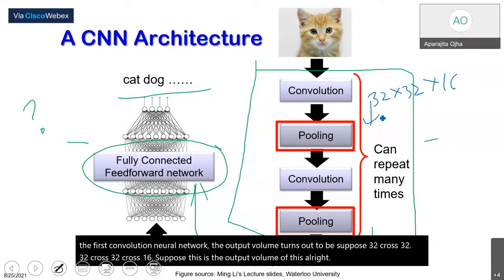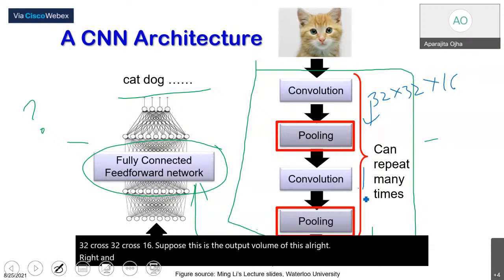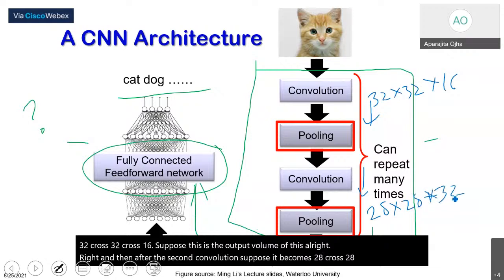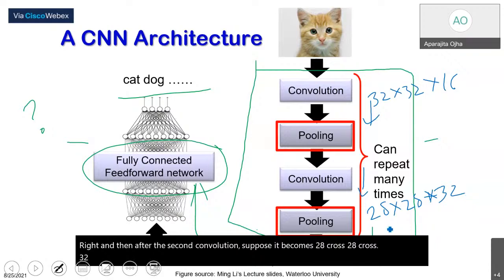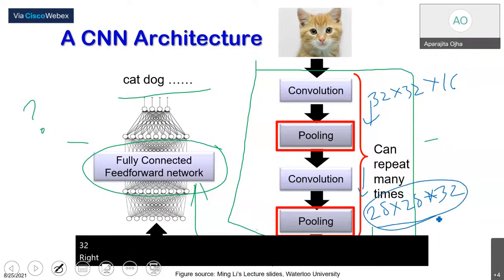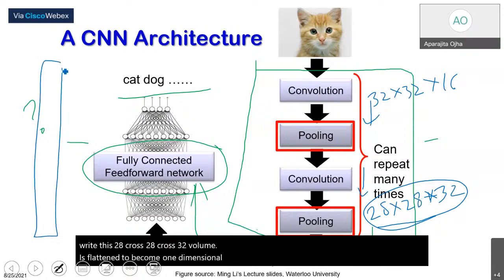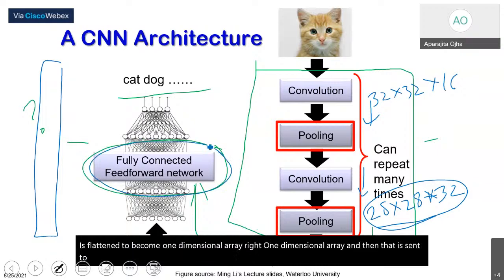And then after the second convolution, suppose it becomes 28 cross 28 cross 32. This 28 cross 28 cross 32 volume is flattened to become a one-dimensional array, and then that is sent to the feed-forward network.